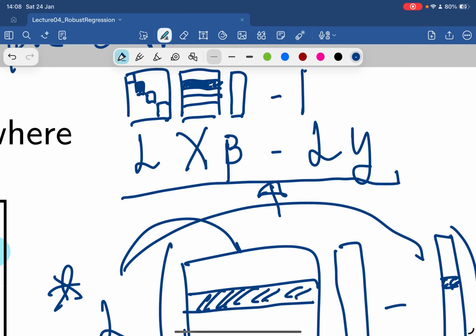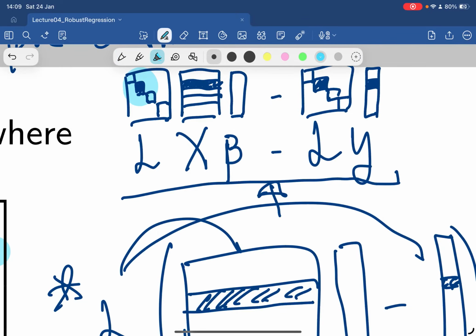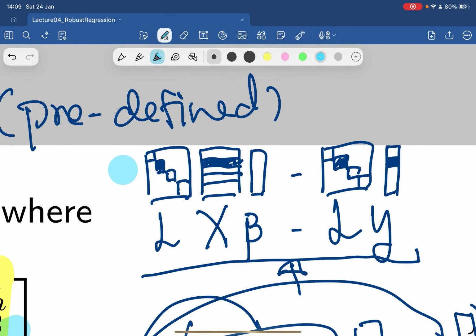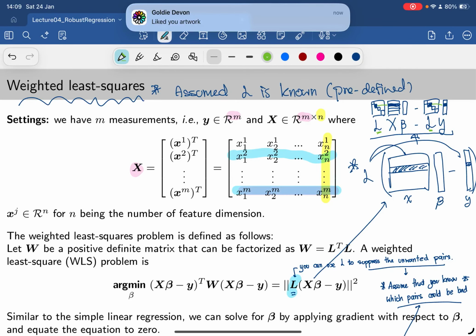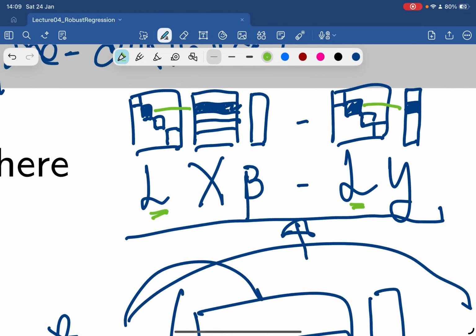And if you have the same L and you multiply that by the training measurements, then again, that coefficient will select, or emphasize, which row on X and Y is of high value or low value. Therefore, you can use this matrix L to suppress the error, or to suppress the effect of the outliers if that row is an outlier.